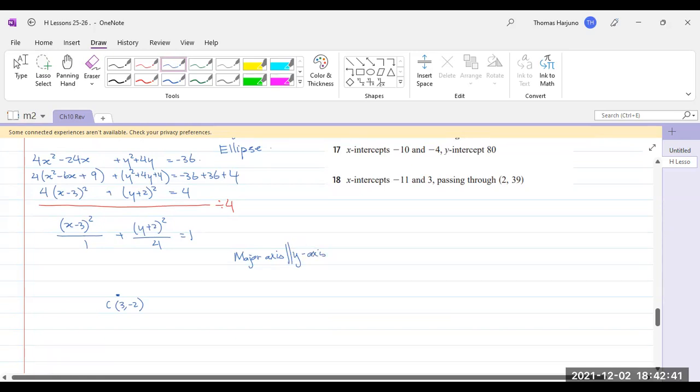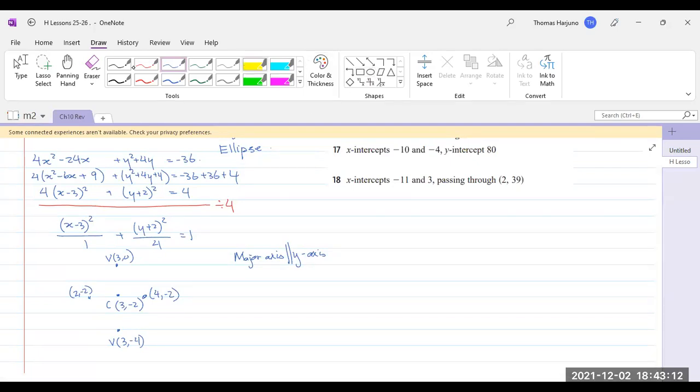So from the center we go up 2 units to get the major vertex, 2 units down to get the other major vertex, and move 1 unit to the left to get the minor vertex.